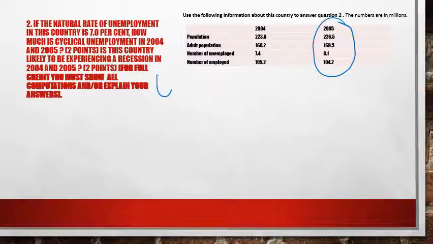The equation obviously is the same. U is equal to the number of unemployed people. Number of unemployed in 2005 is 8.1.